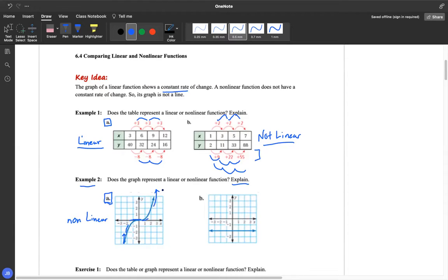Does that make sense? Is that kind of confusing? Does that make sense to everybody else? Julia? Okay, so it has to basically be a straight line. Doesn't count if it's curved at all. Exactly. Because when we have a curve like right here, it curves like this. As we can see here, if x is 0, y is 0. And then when x is 1, y looks like it's under 1. But then when x is 2, y goes all the way up to 2.